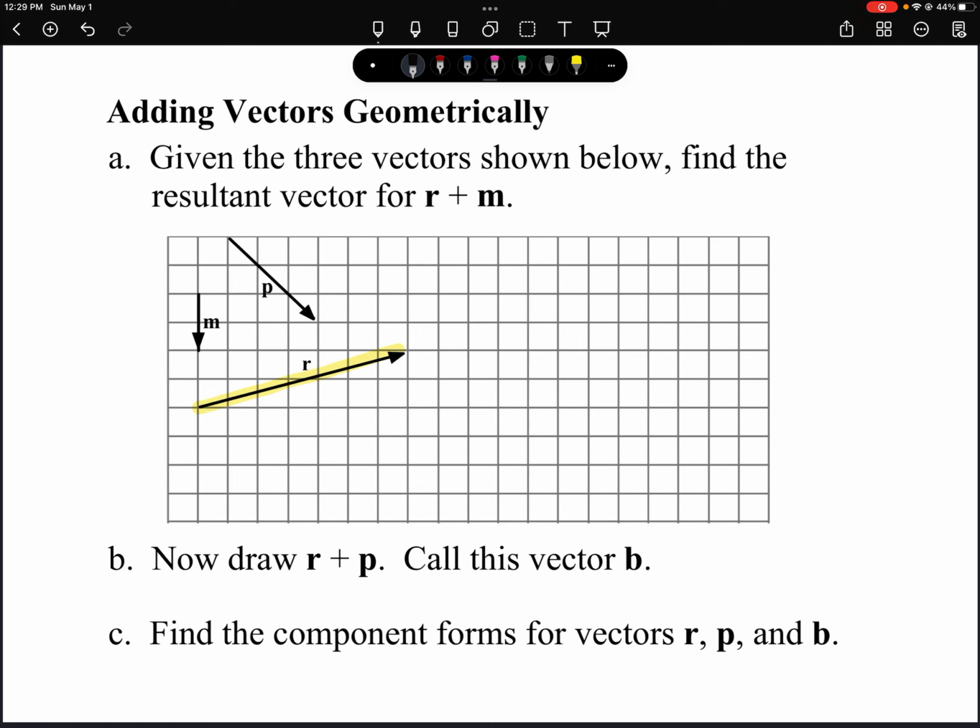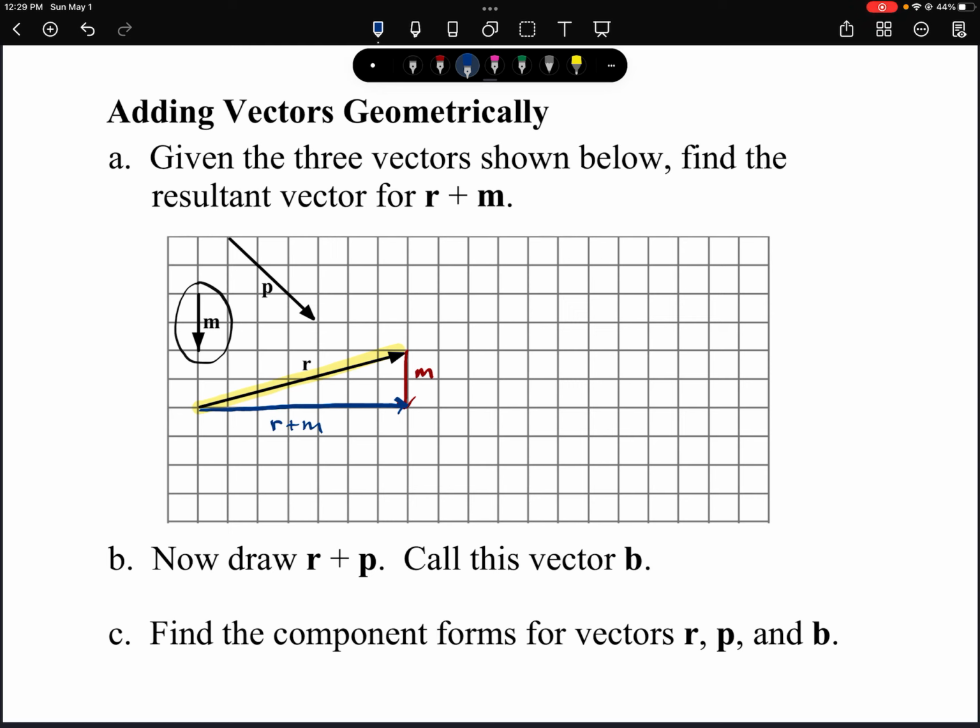After I do r first, my sequence would be finished by m. So let's start at the end and go down 2 units, just like that. Our resultant vector is going to be the one in blue. This is r plus m.